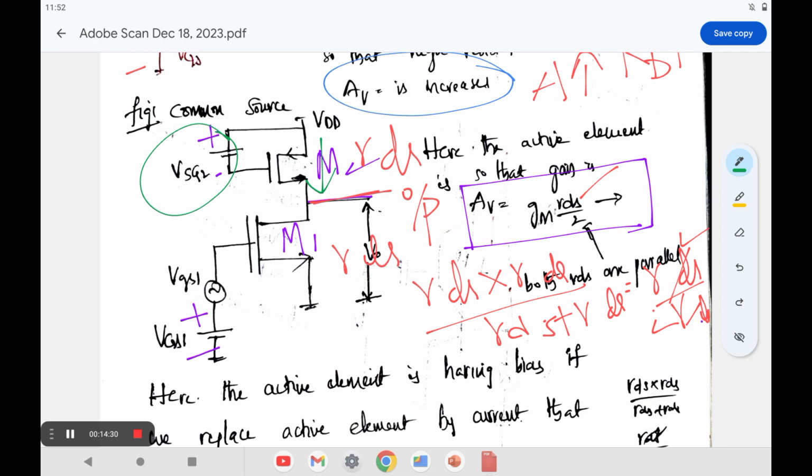At the same time, this VGS also changes with respect to temperature. It may also change with VTH, because obviously this MOSFET depends upon the threshold voltage, which in turn depends on temperature or device parameters.